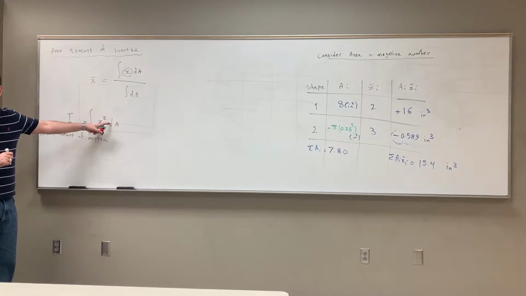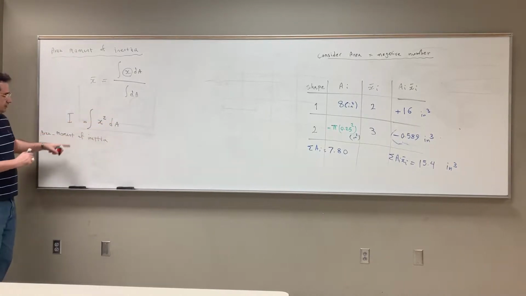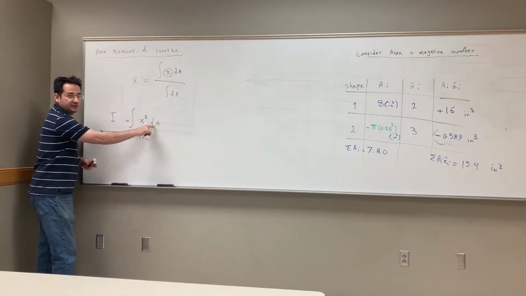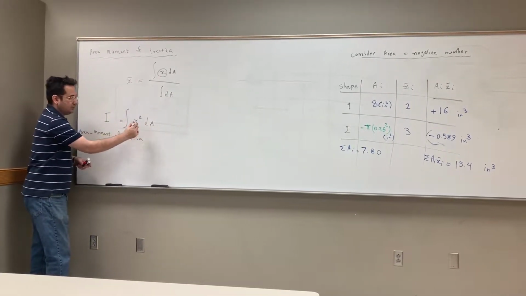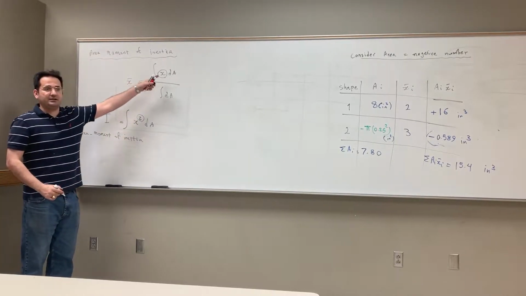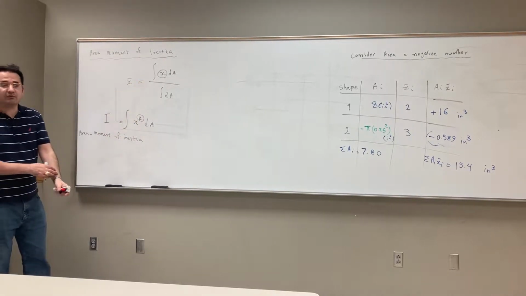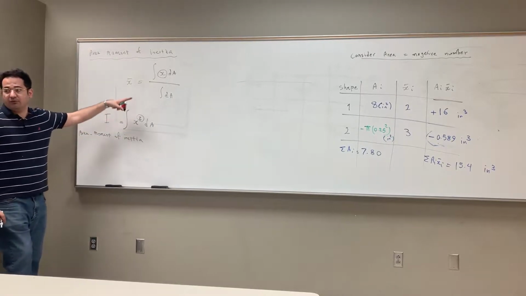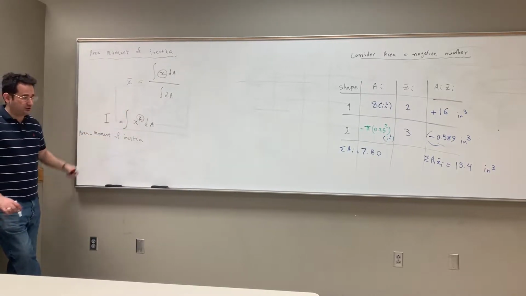Because here the integration parameter is dA, the integral over area. And why moment? Because you're computing some distance times a weight. You see that? But don't forget that this is power 2. If you have power 1, that integral is still useful, but it's only used to find the centroid calculation. It's not for moment of inertia calculation.